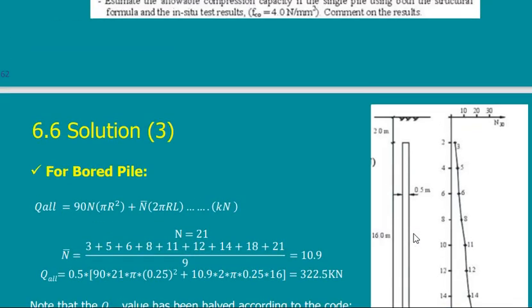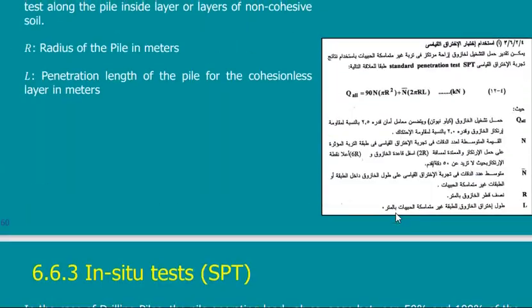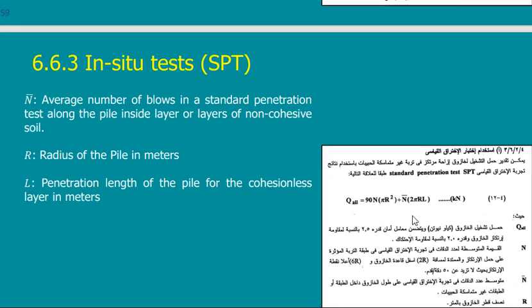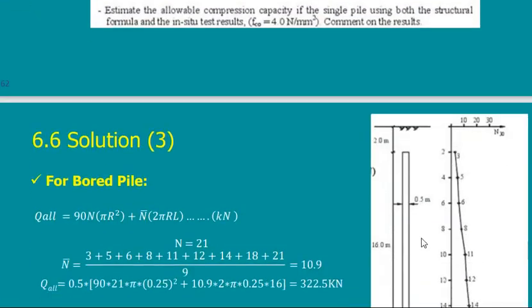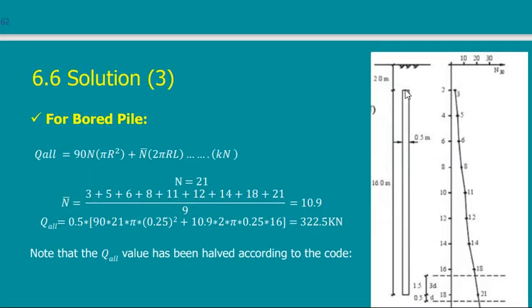N bar is used for the term, let's see again here, n bar is multiplied by 2 pi RL, so it is for the friction. So the friction of the pile starts from here till there. It means that all of these n values affect the friction.